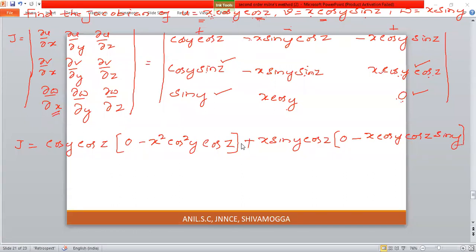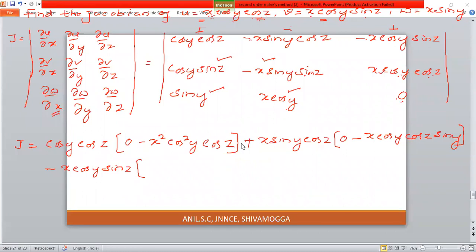Next, plus into minus is minus x cos y sin z. Now leave the row and column which contain x cos y sin z. We get a 2 cross 2 determinant like this.